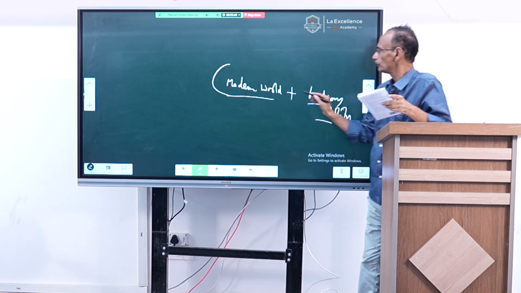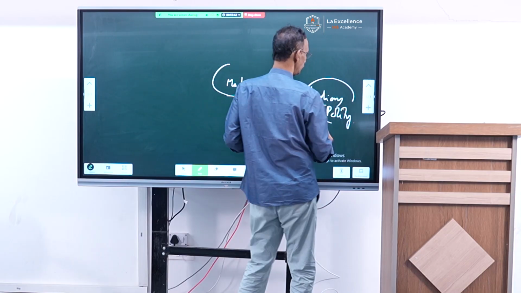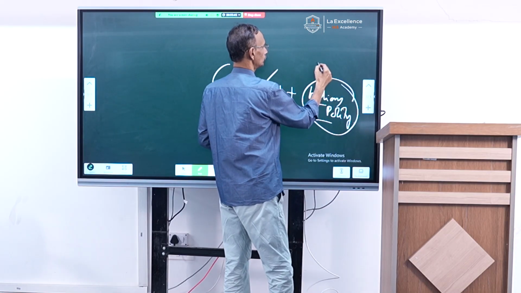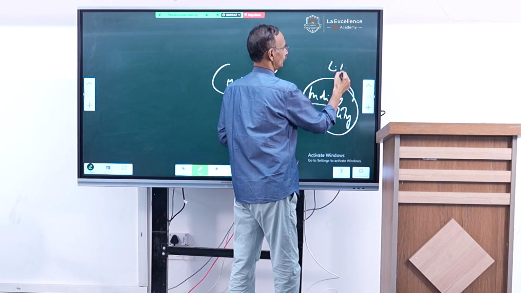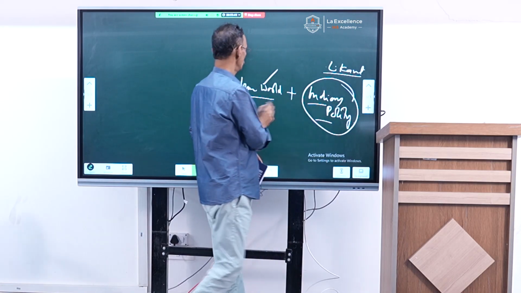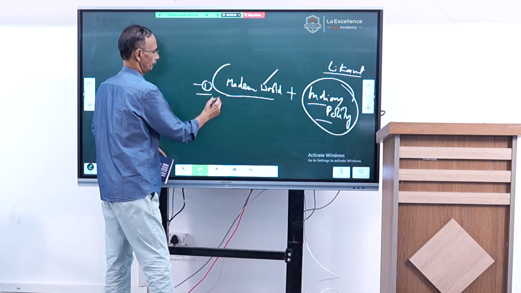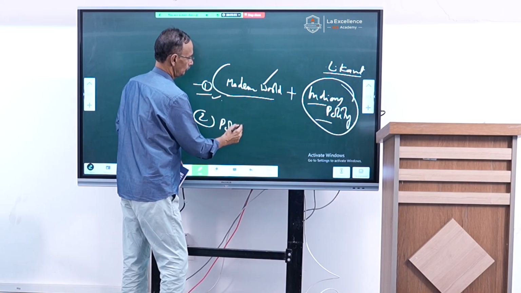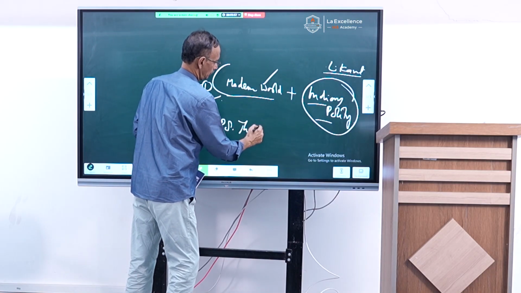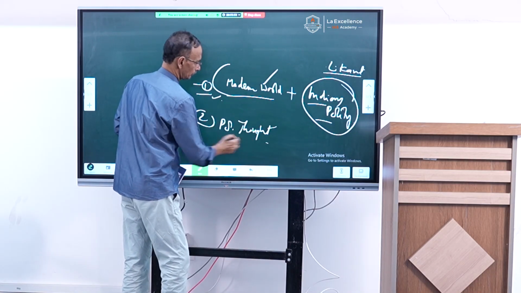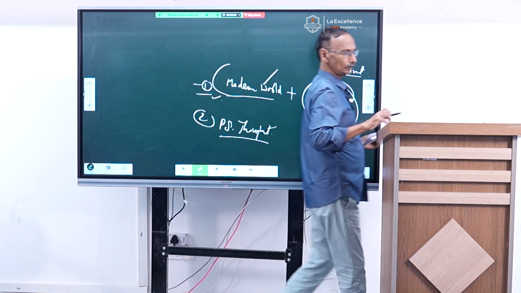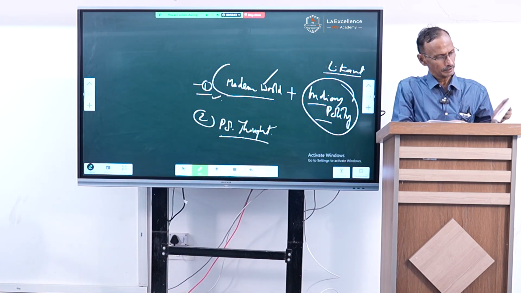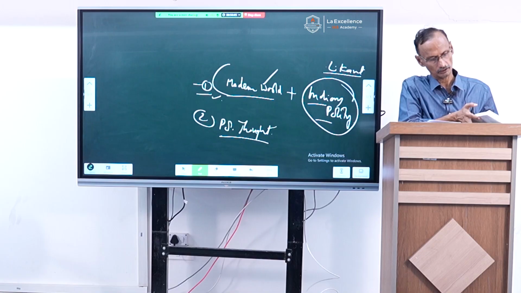So I start with modern world and then Indian polity, the book that you normally follow, the Lakshmikant book. And now and then I cover political thought. Here I combine Western and Indian political thought.